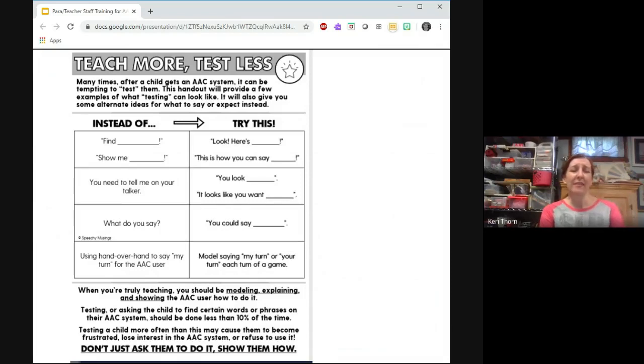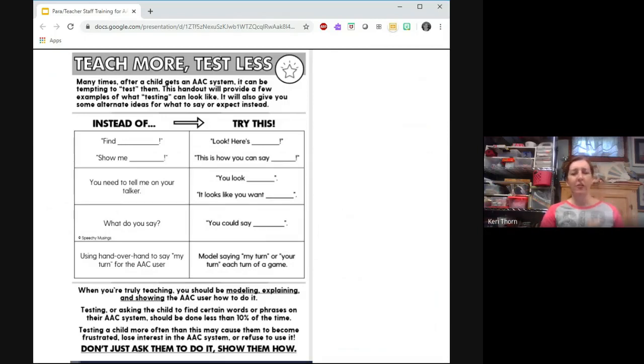Again, teach more and test less. If they say, find this, show me this, at the end of it, it's boring. You want to make it a little bit more engaging, vary up the phrases, give them different things to talk about. When they're just labeling vocabulary, then they get stuck in it. I have one student who can find any word on her device. There's 100 words.